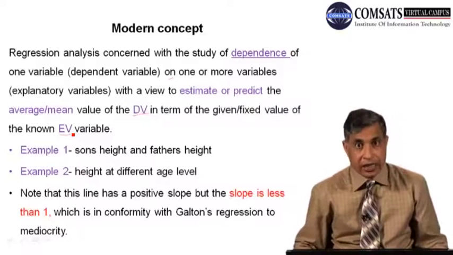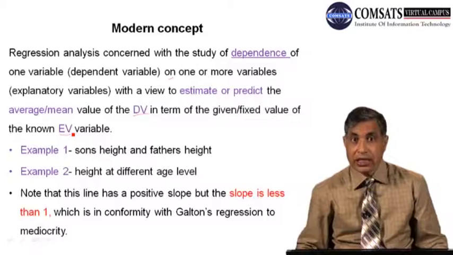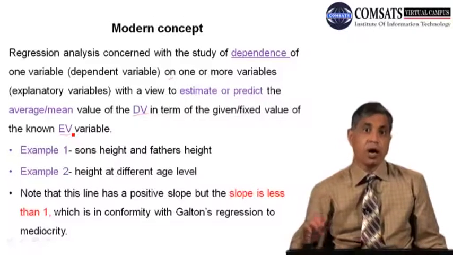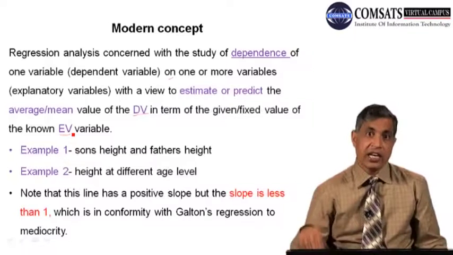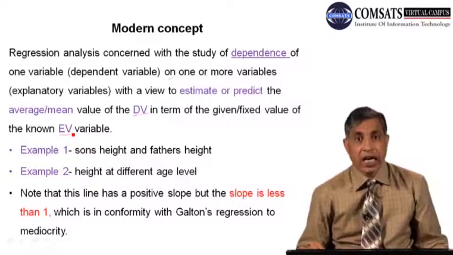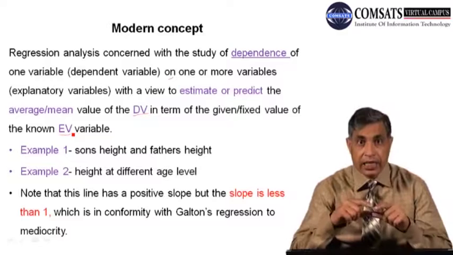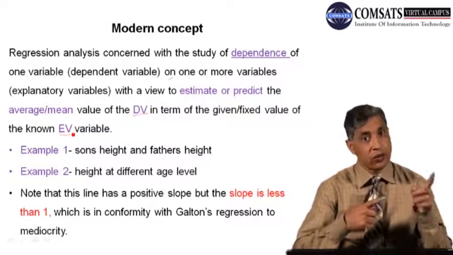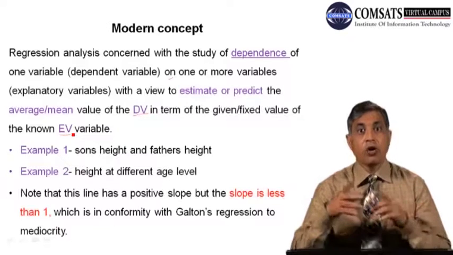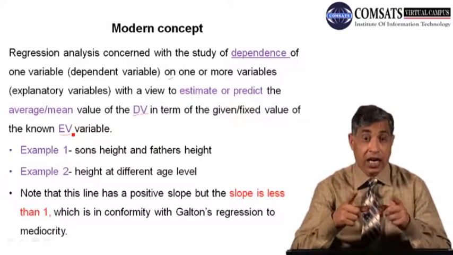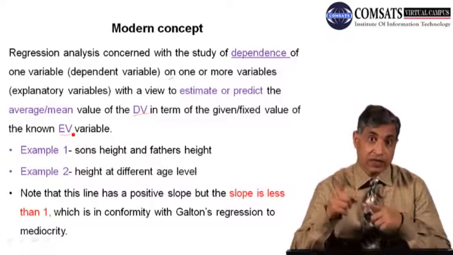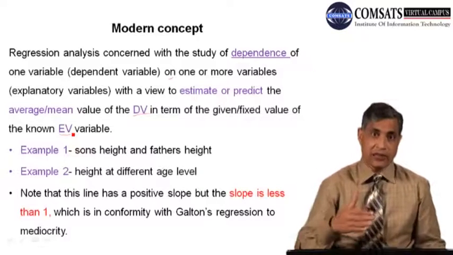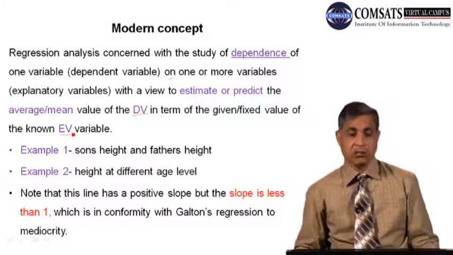In the modern concept, we want to measure the dependency of the dependent variable with respect to the explanatory variable, and we are interested in predicting or estimating the average or mean value of the dependent variable on the basis of the fixed values of the independent variable. I will explain what this means.